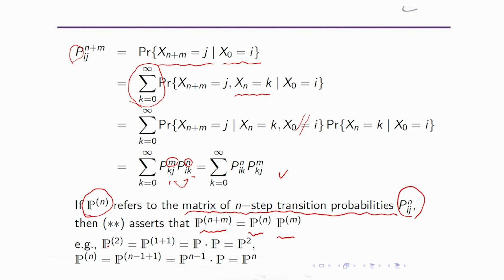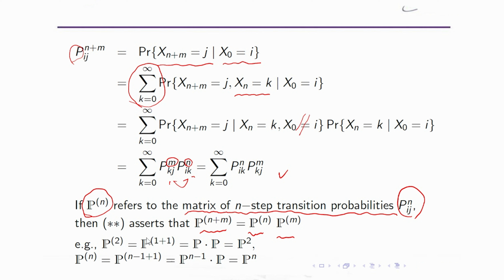So for example, P^(2) can be expressed as P^(1+1). So that is P times P, so that's P squared. P squared means the matrix is multiplied by itself twice, okay? And this is the two-step transition probability matrix.